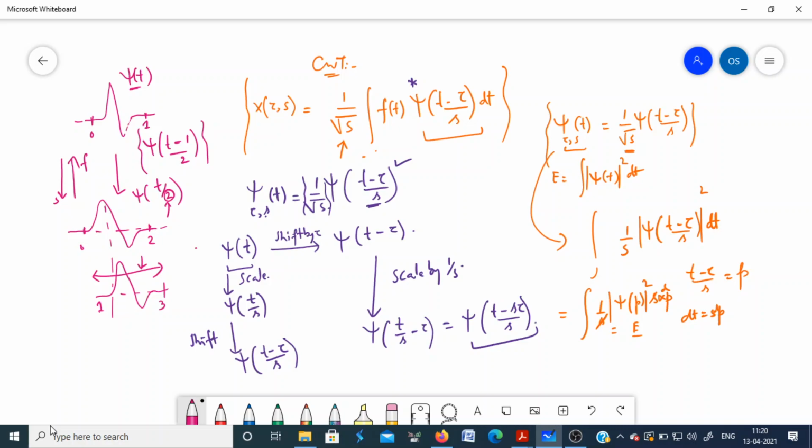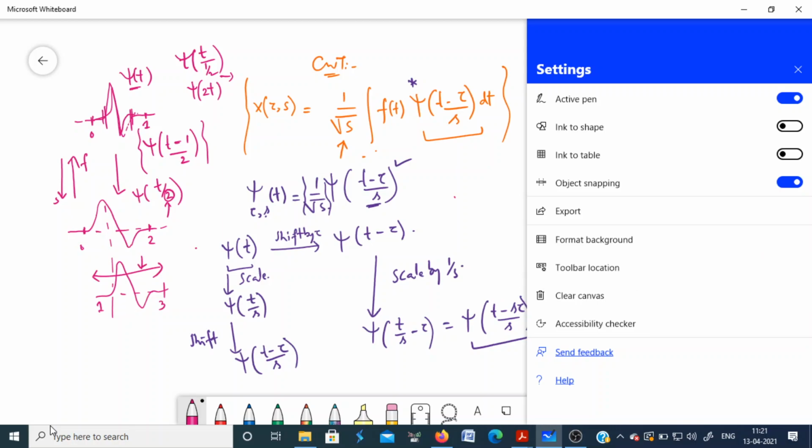If my s is 1 by 2, then psi of t by s will become psi of 2t. It will now be compressed by a factor of 2, so its time duration will become half. The frequency will become double. Scale is half, frequency is double in that case. So decreasing scale means increasing frequency, increasing scale means decreasing frequency.